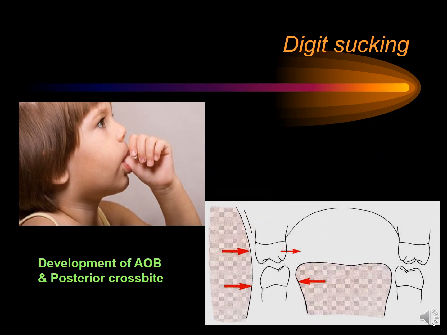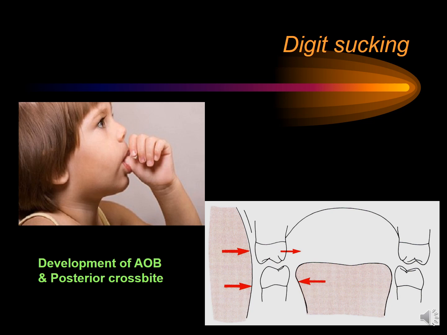Now, this is the development of the anterior open bite and the posterior crossbite. The posterior crossbite develops because the digit in the mouth displaces the tongue downwards, and the sucking effect of the digit causes the buccal musculature to press against the upper posterior teeth.